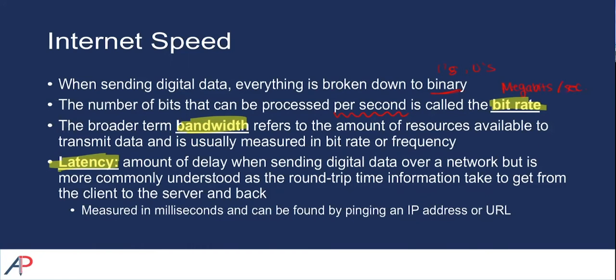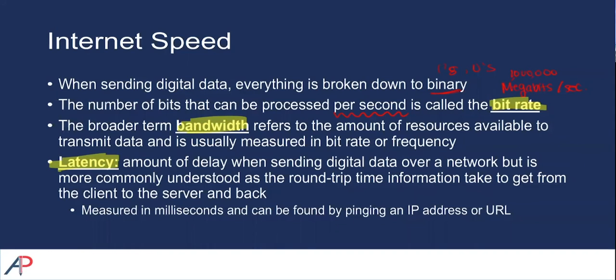A long time ago, we would maybe say 100 bits per second. Now we have megabits per second. Megabits, if you are not sure, is like a million. We're talking millions of bits per second being processed and sent through the internet. That's a lot compared to what it was before.